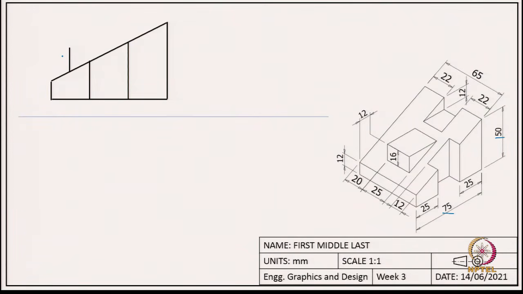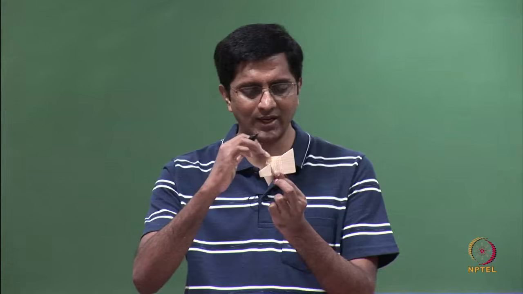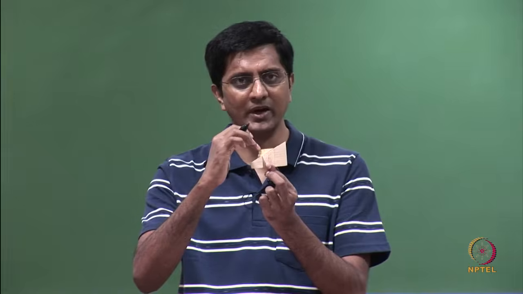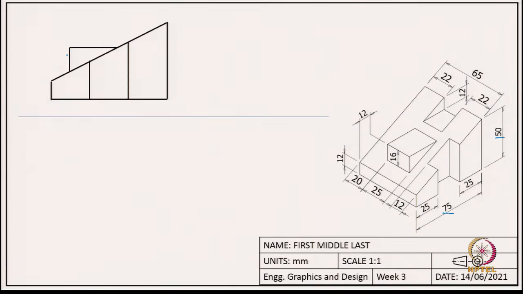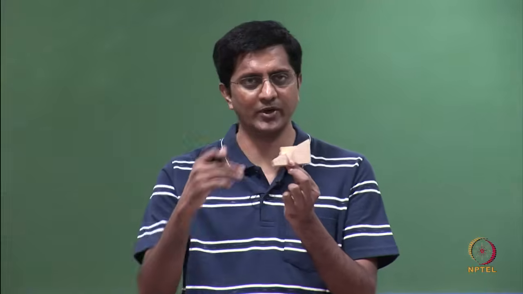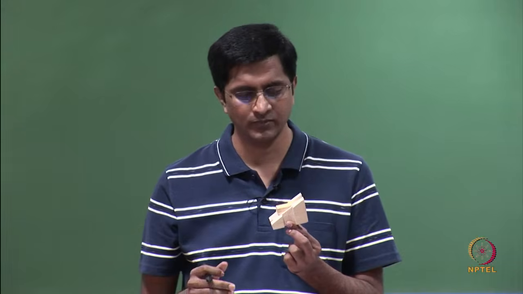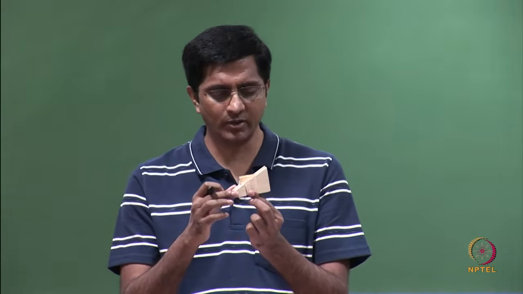So, we capture this distance 16, and then the horizontal surface. We do not know the length of this horizontal line, but if we draw a horizontal line, wherever it intersects this inclined plane, that is where it ends. So, now we are able to capture all the visible things in the front view.